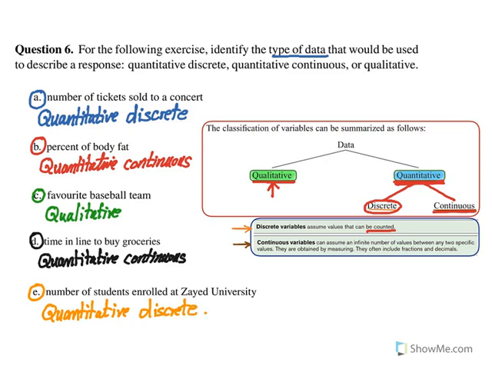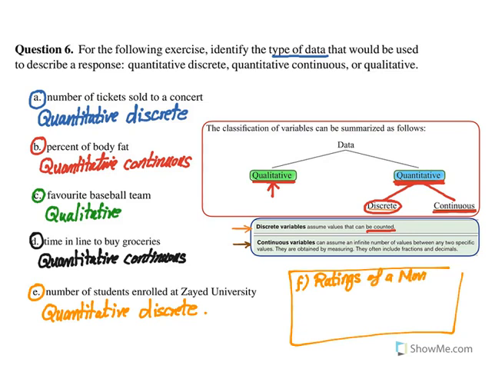But just remember that numbers are not always quantitative. You can have, for example, ratings that you put, ratings of a movie. When you rate a movie, you can say, I rate it on a scale of 1 to 5, so 1, 2, 3, 4, 5, or your stay at a hotel, for example.